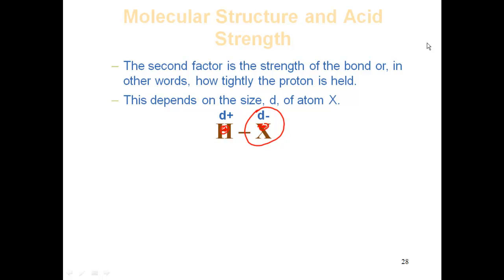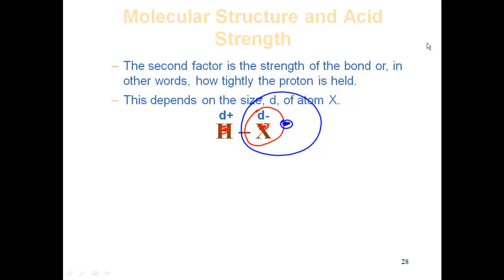Now let's compare that to something that's larger, where the negative charge is somewhere in the middle there. As that species gets larger, are we going to have more attraction for that hydrogen or less attraction?